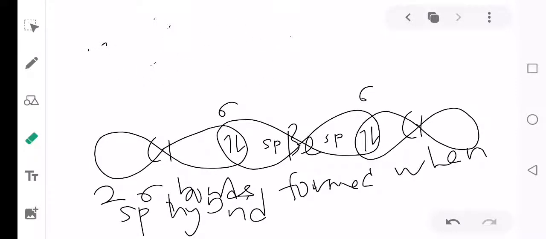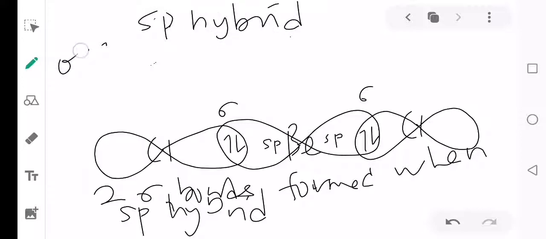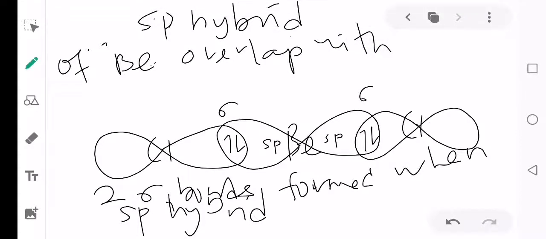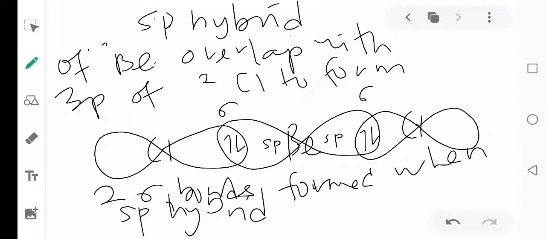Okay, so sp hybrid of beryllium overlaps with 3p of Cl, chlorine being in period 3, right? With 3p of 2 Cl to form 2 sigma bonds.